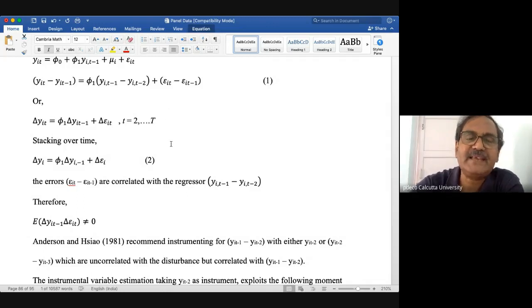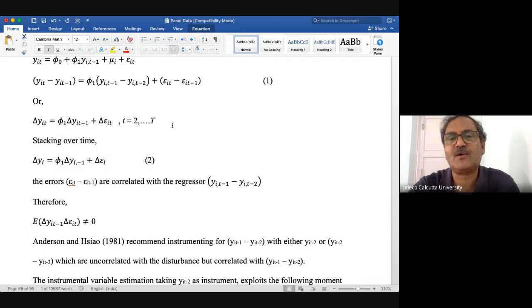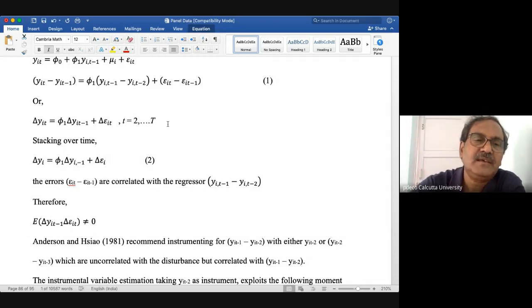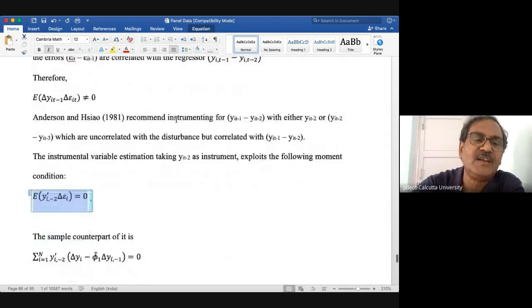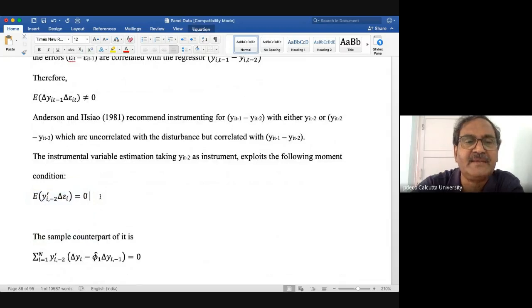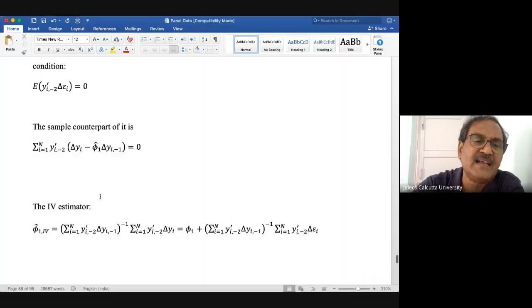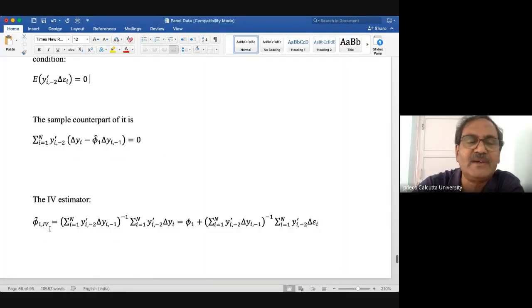So instead of taking just one instrument, if you consider all possible instruments, you have a method known as the system method. And you can estimate this system, that is, you are generalizing the moment condition. In the Anderson Hsiao model, you are applying only one moment condition, and by applying a single moment condition you have got the estimated value, what is called the instrumental variable estimates.